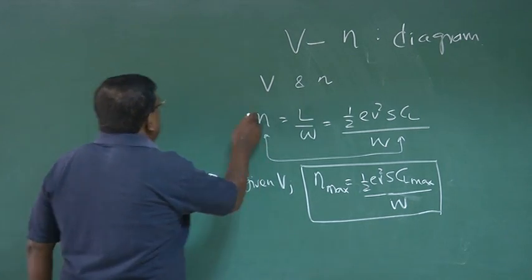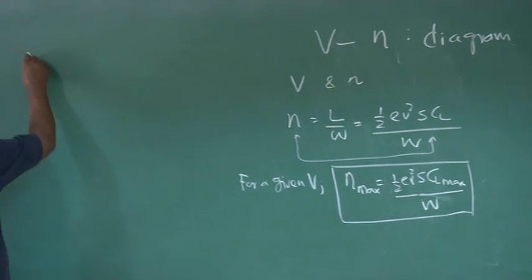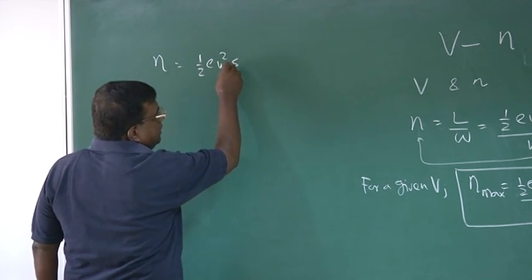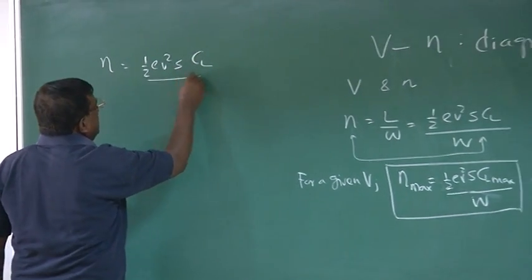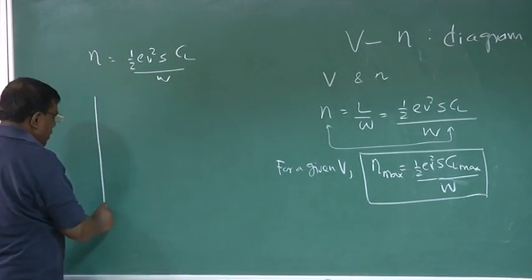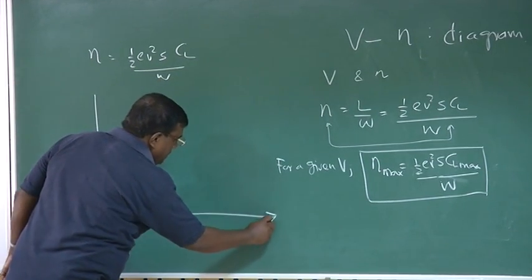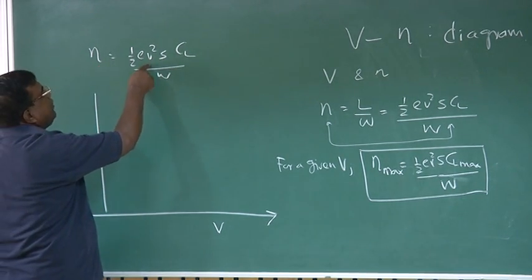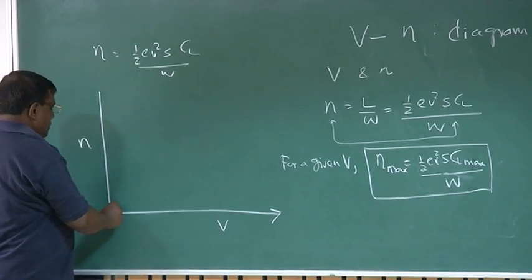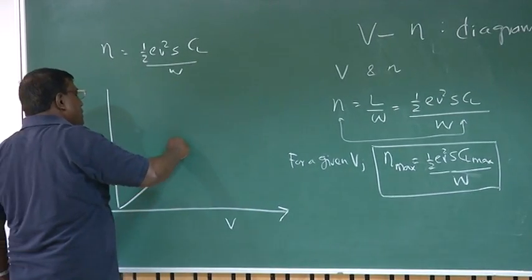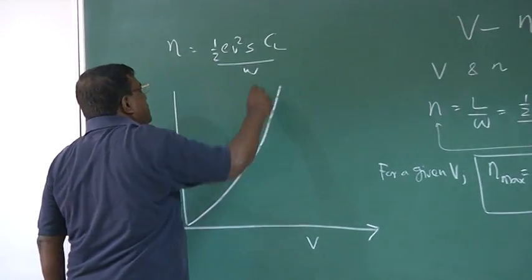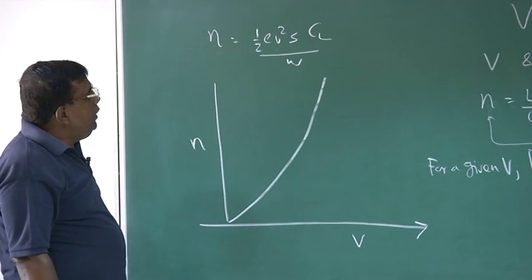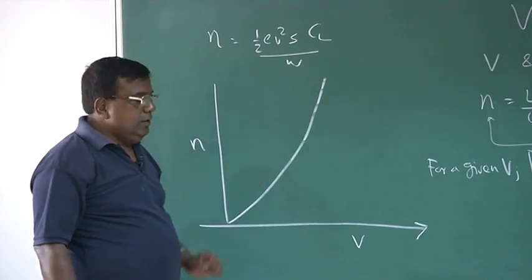Now if I come back here, N equals half rho V square S CL by W. If I try to plot V and N, this is y equal to x squared type, with other things constant, so you will get something like this. Now let us give an interpretation to this.